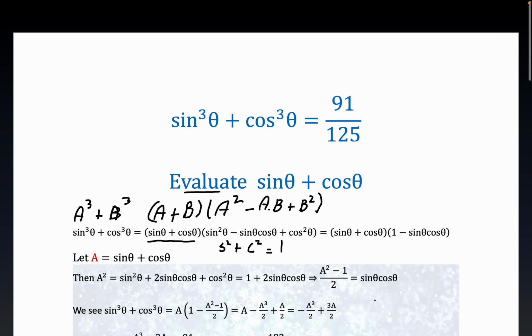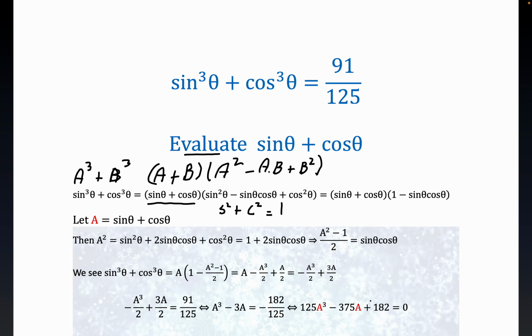All right, so you can see that the original equation becomes this. Now, again, right up here, this part's a. The a you see right here is the a that you see right here. And this 1 that you see right here is this 1 you see right here. And we've just learned that a squared minus 1 over 2 is equal to sine theta cosine theta.